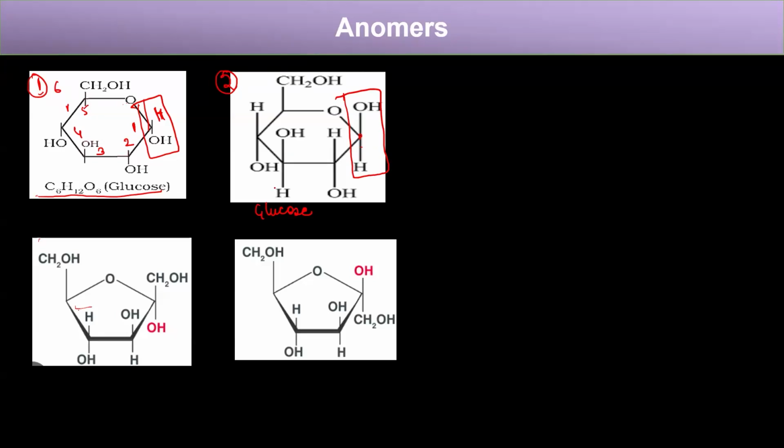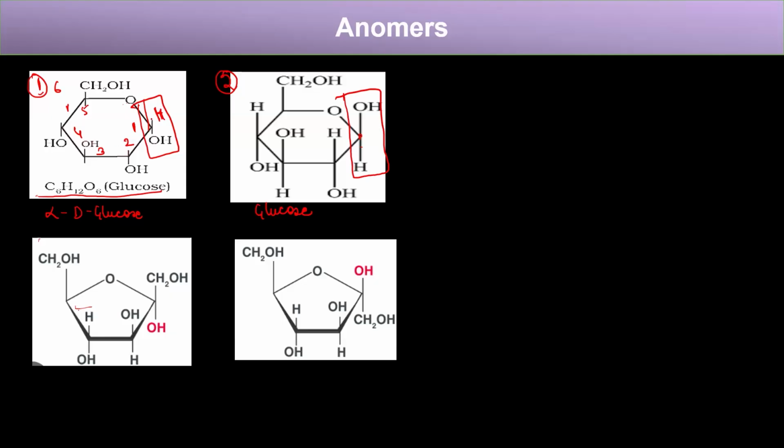Both of these are glucose, but their naming is different. In the first case, where the OH is below, this is known as alpha D glucose. D, because I told you in the previous class also that most of the naturally occurring carbohydrates are dextrorotatory.